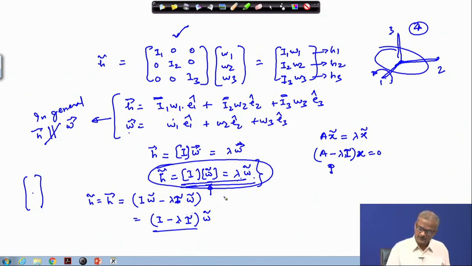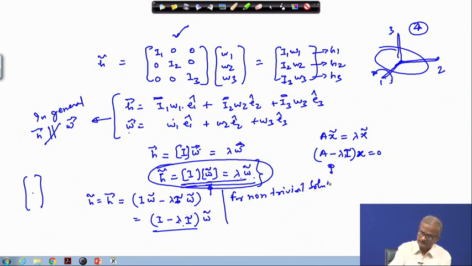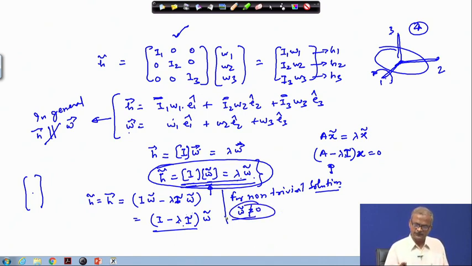If you try to solve this problem, we look for the non trivial solution, means omega tilde is not 0, it is not a zero vector.